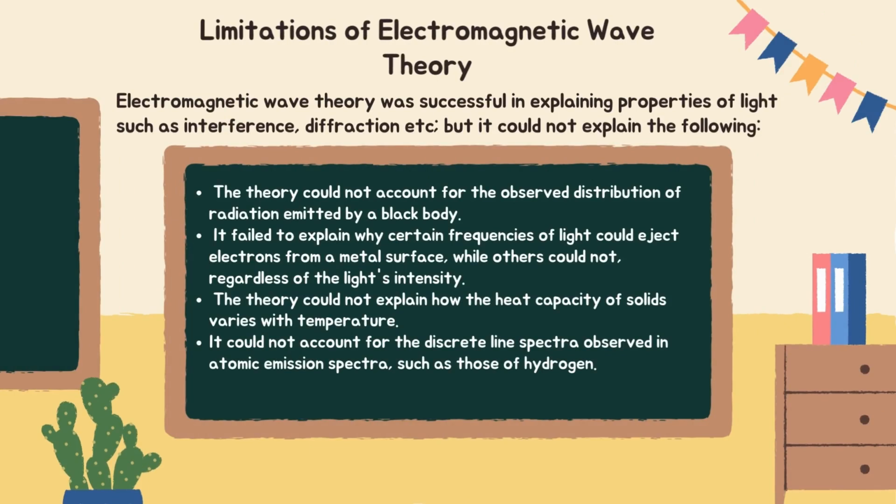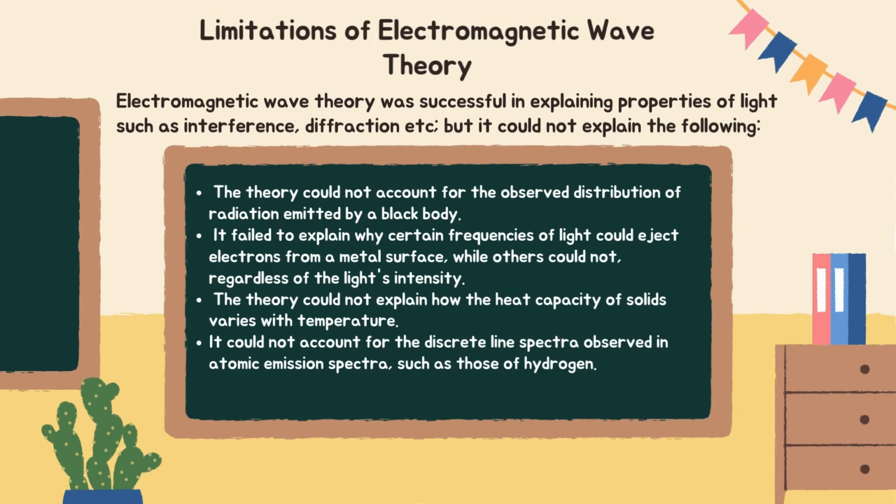Electromagnetic wave theory was successful in explaining properties of light such as interference and diffraction, but it could not explain the following. 1. The theory could not account for the observed distribution of radiation emitted by a black body. 2.